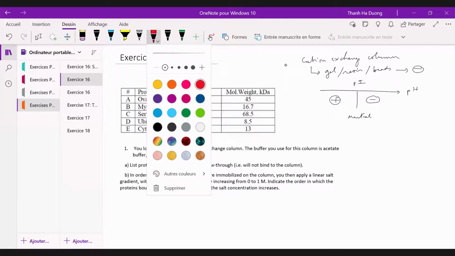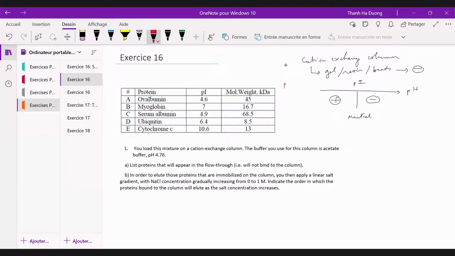So tell me, at pH 4.76, what is the charge of this protein, ovalbumin? Is it positive, negative, or neutral?